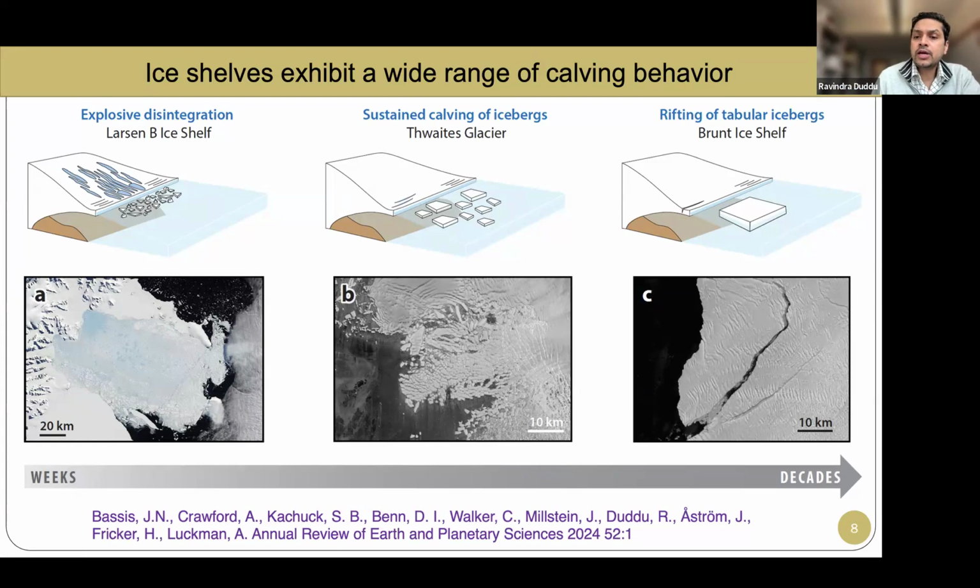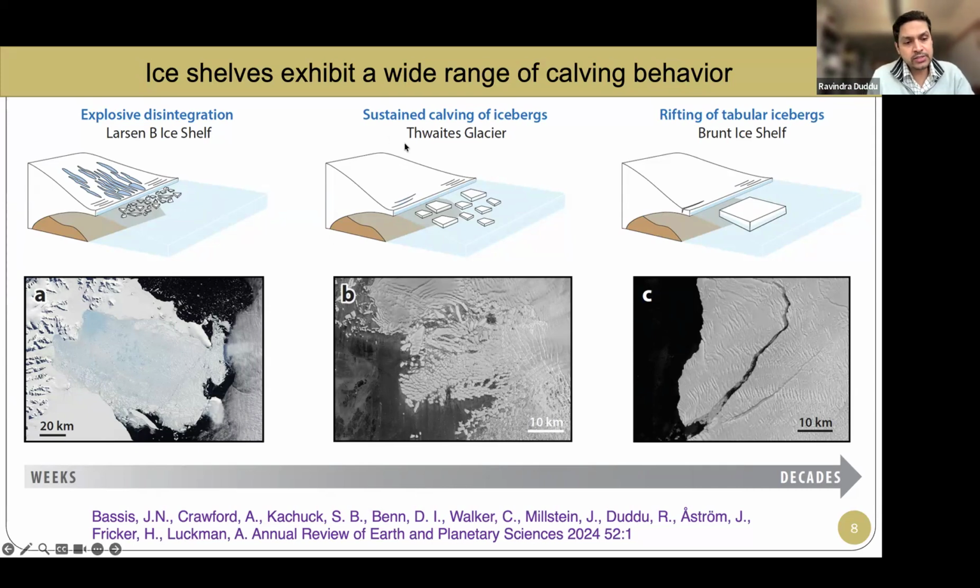And now, if you look at the other side, like a Brunt ice shelf, then you have very large rifts propagating, and you have large tabular icebergs that come out that could be the entire, say, area of London metro area, or the entire state of Delaware in the United States, or the entire island of Manhattan, depending on what you're comfortable in terms of the size of these icebergs. So now, can we have one model that describes it all?